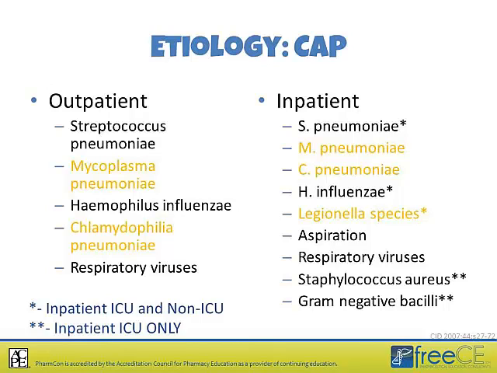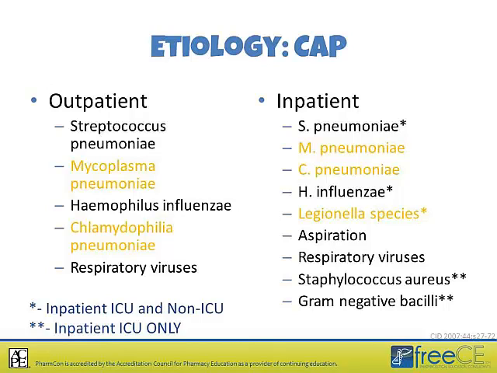Legionella species generally cause a more severe pneumonia, so those are up there as well. Staphylococcus aureus and gram-negative bacilli can be involved in community-acquired pneumonia, although I would say these are not your typical bugs. And one of the things that I've highlighted is that the items that are starred with just one asterisk, so strep pneumo and H flu, can be seen in inpatient ICU and non-ICU patients, as well as Legionella. And then inpatient ICU only is where you could see your Staphylococcus aureus and your gram-negative bacilli.